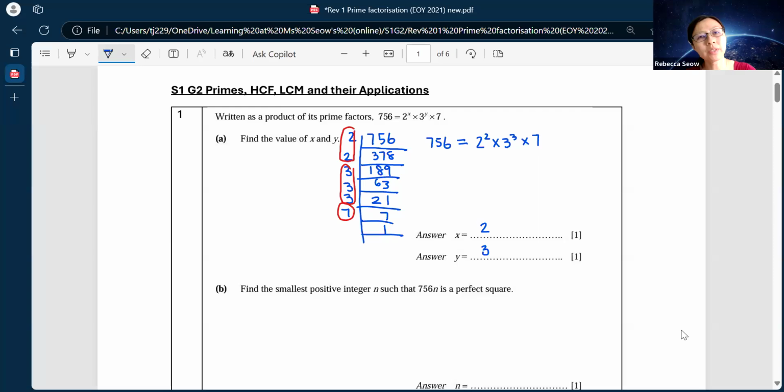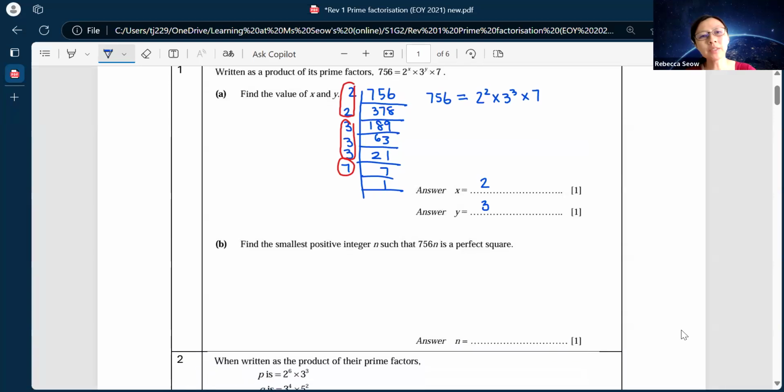Now let's move on to the next question. Find the smallest possible positive integer n such that 756n is a perfect square. Now, just to recap, an integer is a number that does not consist of a fraction nor a decimal. It can be positive, it can be negative, and it entails 0 as well.